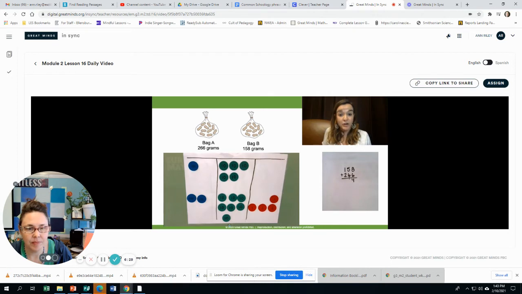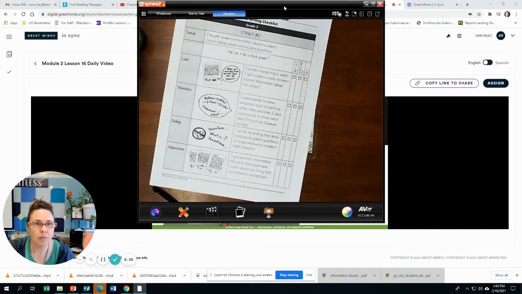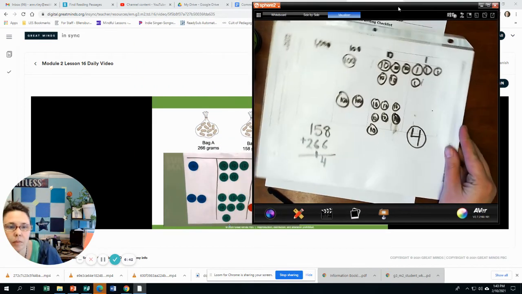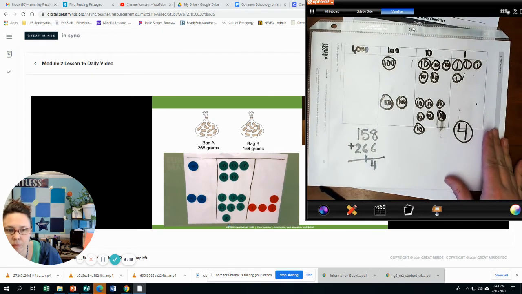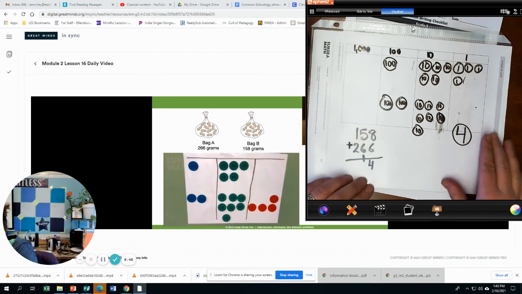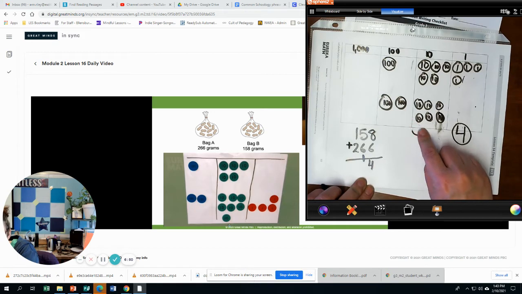Now let's go back to our place value chart and discs to work in our tens place. 5 tens plus 6 tens plus the 1 ten we bundled is 12 tens.